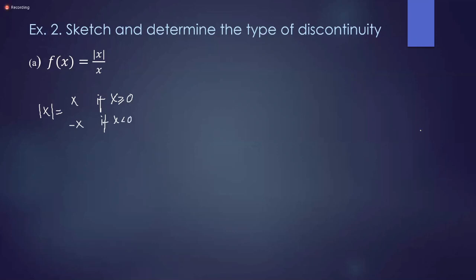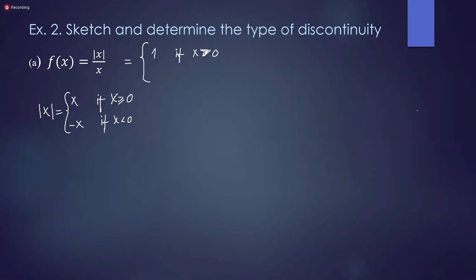So what this means is that if x is greater than 0, then the absolute value of x is x. x divided by x is 1. Greater than 0, not equal. Why not equal? Because if x is equal to 0, this function is not defined, because 0 divided by 0 could be anything at all.